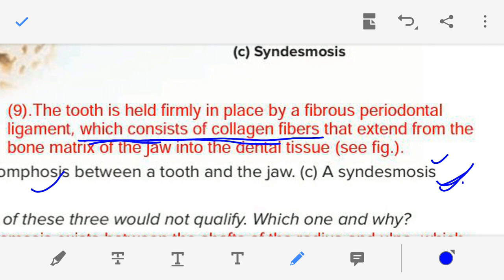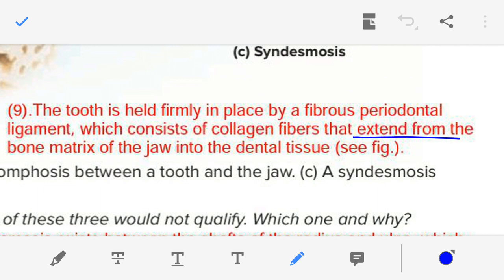The periodontal ligament consists of collagen fibers, and from where are they arising? They extend from the bone matrix, they originate from the bone matrix, and then they enter into the dental tissue.